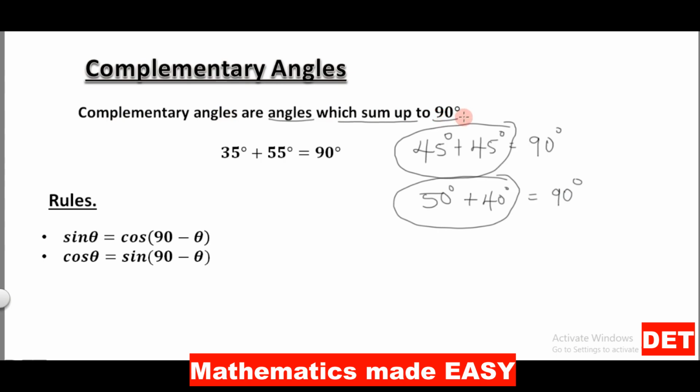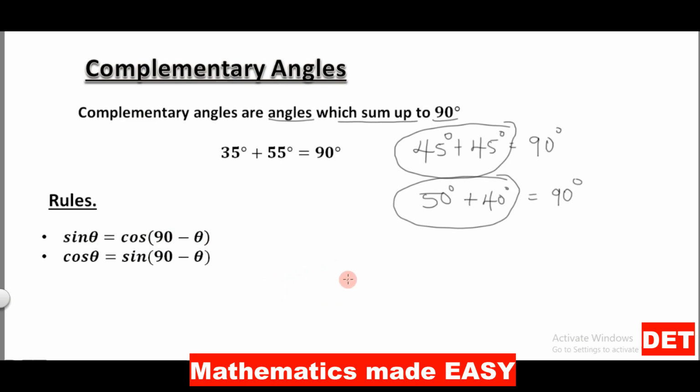90 degrees. So in calculating complementary angles, there are two rules that you should follow. Number one rule is to know that sine theta is equal to cos(90 minus theta). And you should also know that cos theta is equal to sine(90 degrees minus theta). So these two rules you must know.